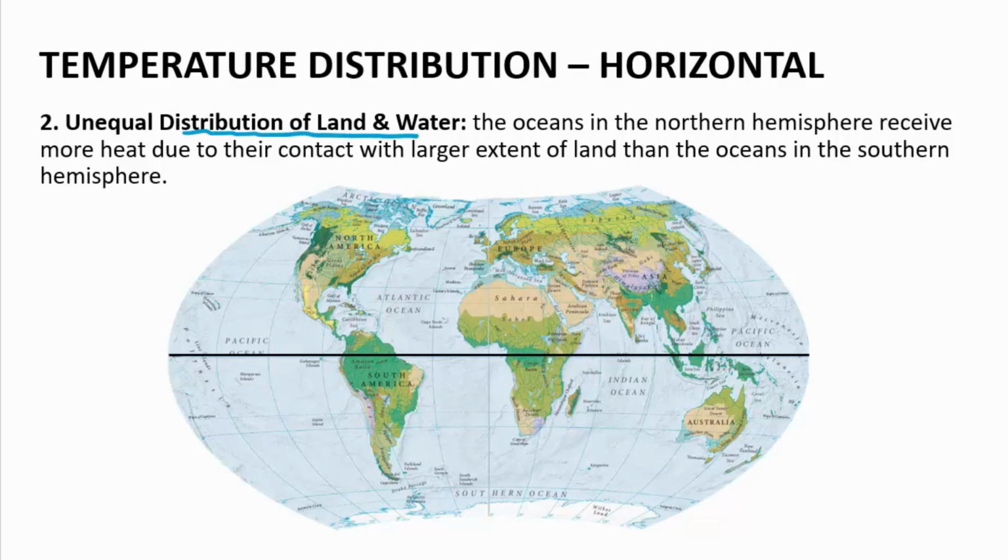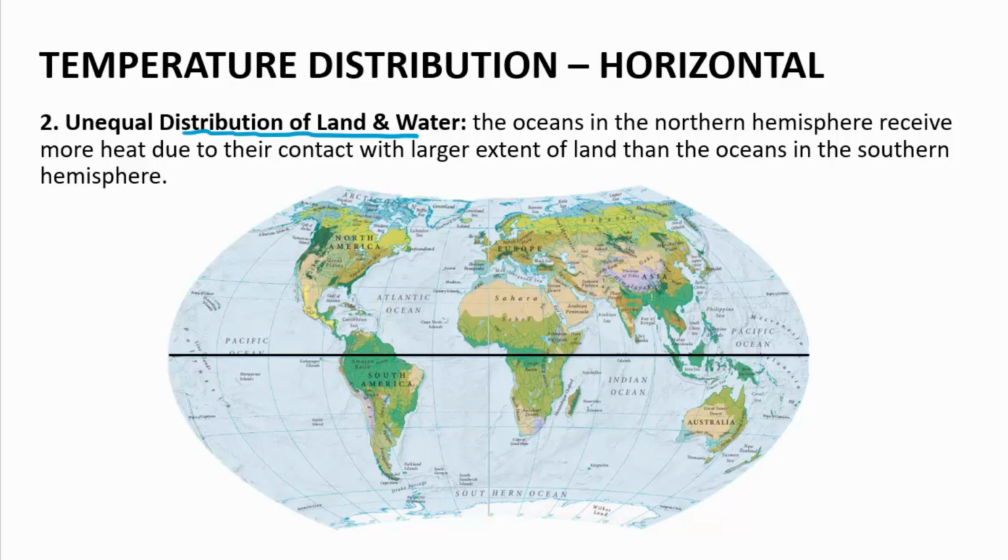Now, remember I told you guys that land absorbs heat faster than water, right? And if you look closely at the earth, and if I open this earth into a flat surface, what you'll observe is that the area of landmass in the northern hemisphere is slightly more than the area of land in the southern hemisphere.